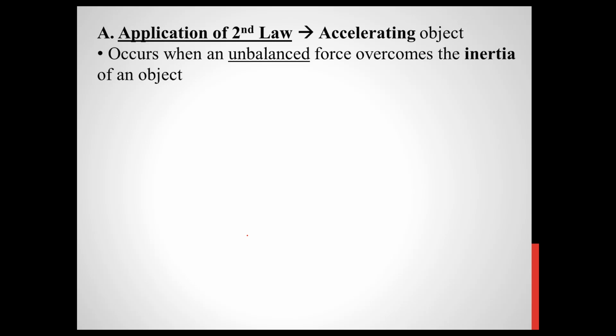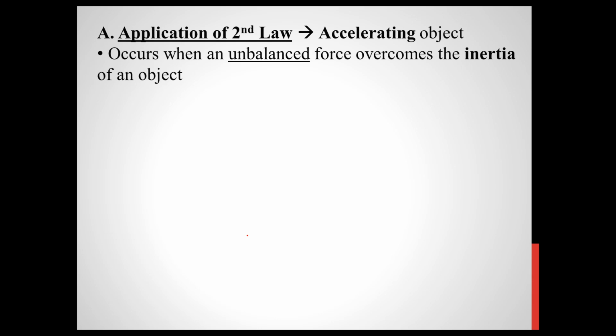So the application of the second law specifically is going to be to objects that are accelerating. Now, when does an object accelerate? Well, it accelerates when you have, as we mentioned on the previous slide, an unbalanced force acting on an object. When an unbalanced force acts on an object, it overcomes something called the inertia of the object.